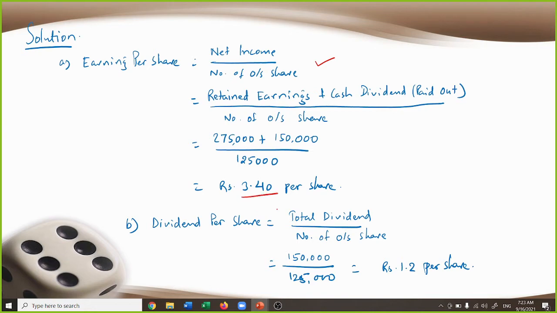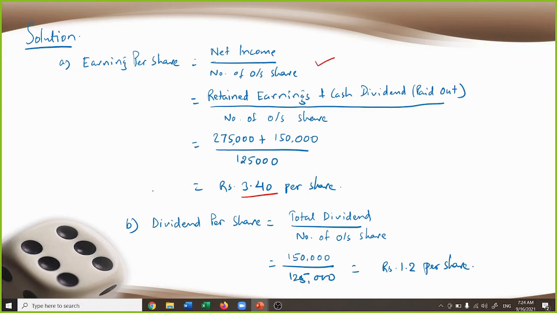The amount remaining in the company after paying the dividend is called retained earnings. So we can also say net profit or net income can be decomposed into retained earnings and cash dividend.